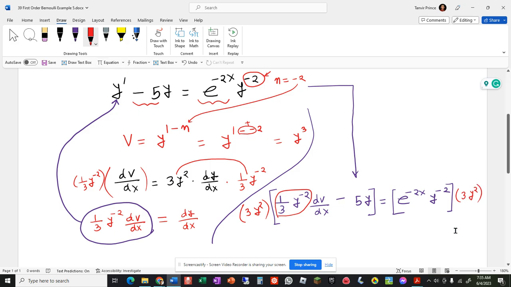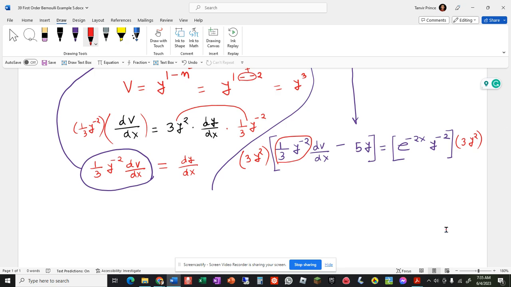So let's go ahead and do this. So when I multiply this out, of course I'm going to get 1 here. That is the whole point. So I end up with dv dx minus, when I multiply here, I get negative 15 y cubed equal to 3 e to the negative 2x.